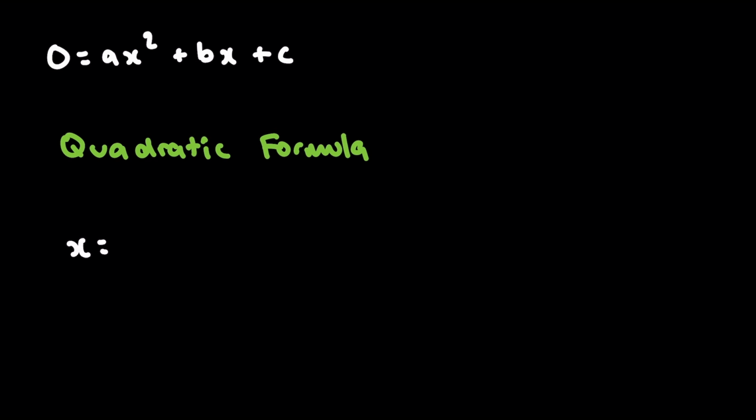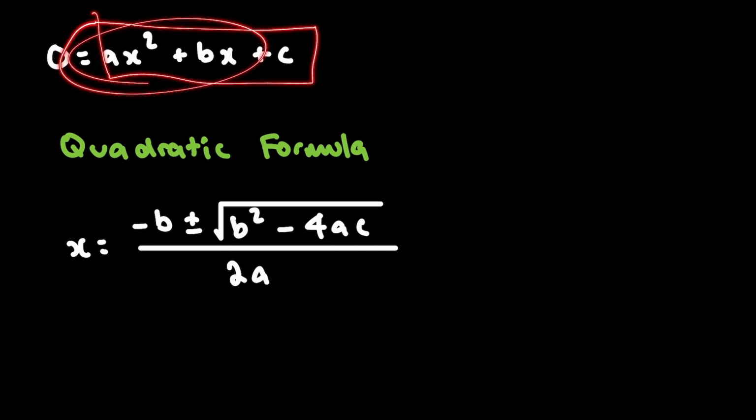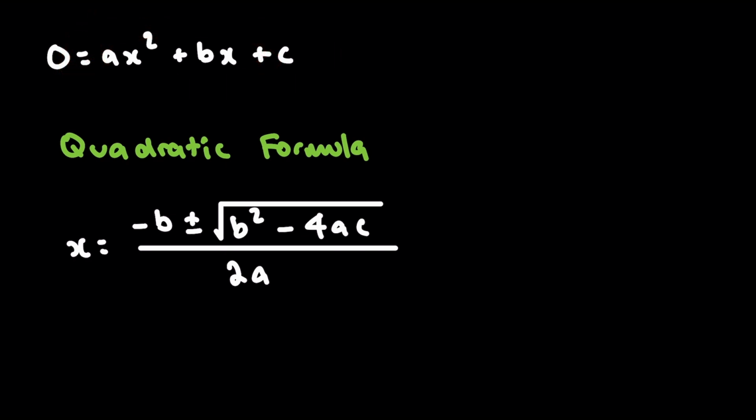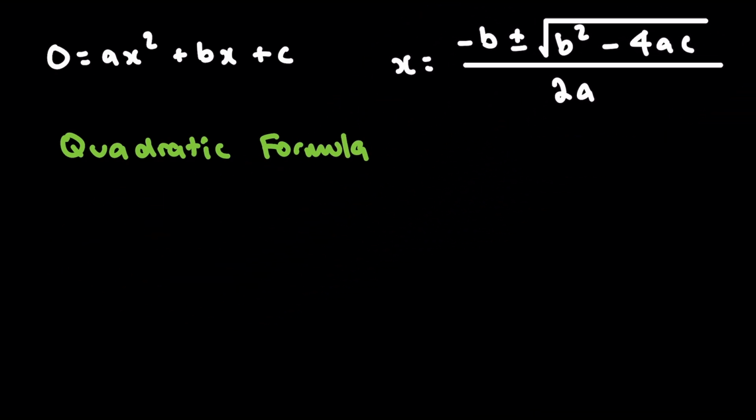And the formula for it is x equals minus b plus or minus the square root of b squared take 4ac, all over 2a. And the a, b, and c come from this form of a quadratic. So let's have a look at an example, and I'll have this formula on the side for you to refer to.